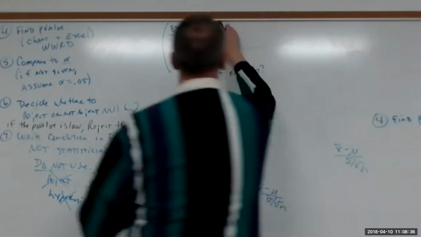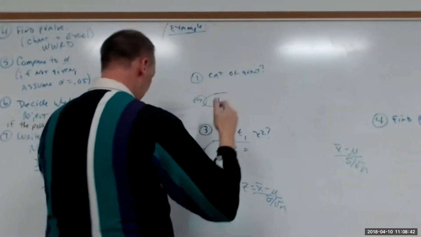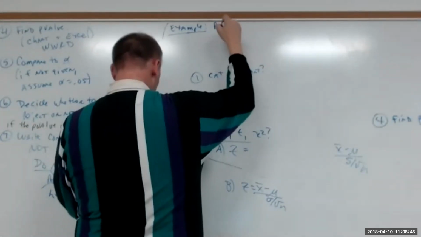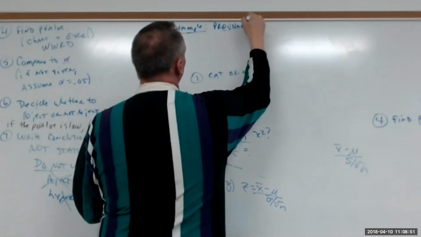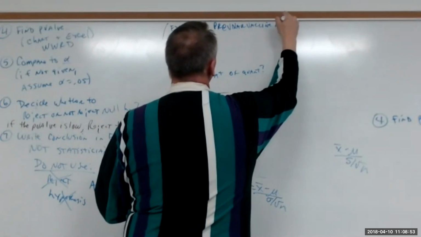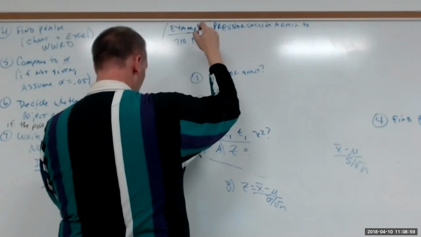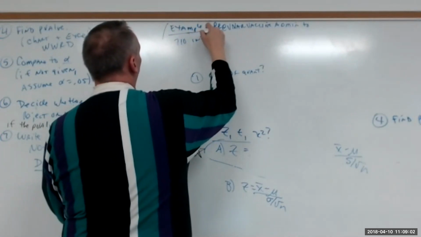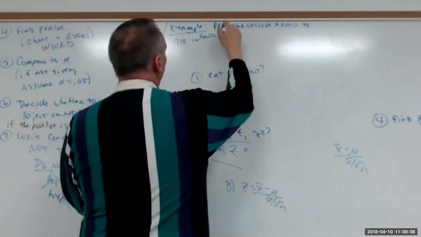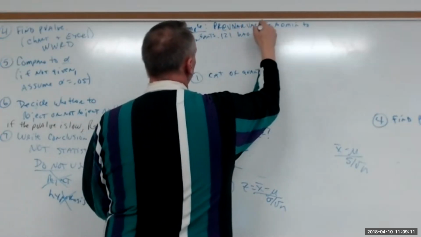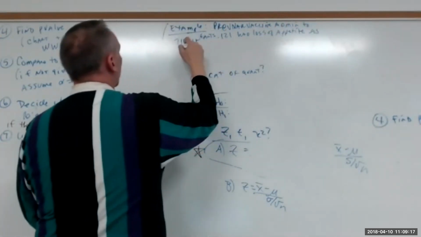Okay, so here's the new example. Prevnar vaccine was administered to 710 patients, infants. 121 had loss of appetite as a side effect.